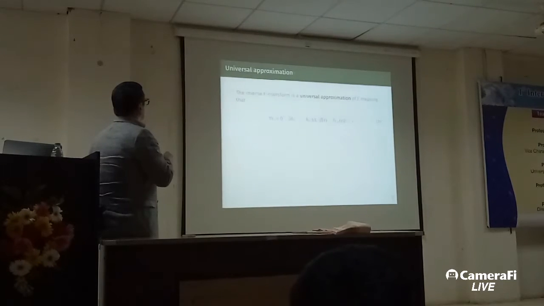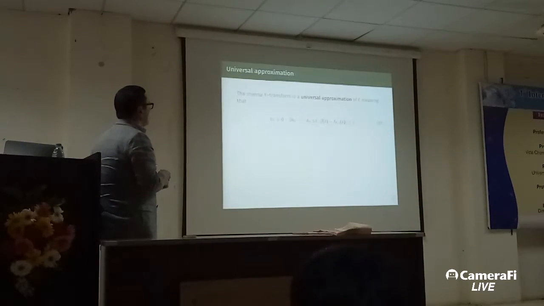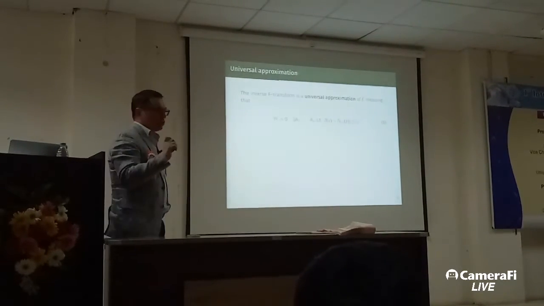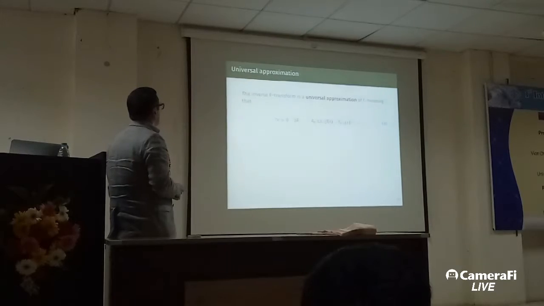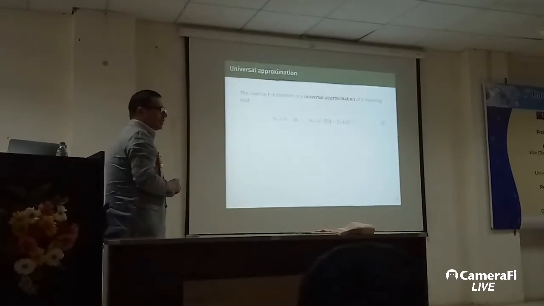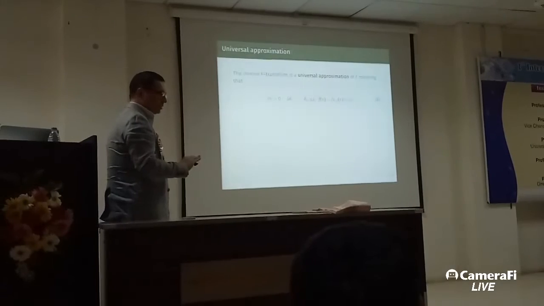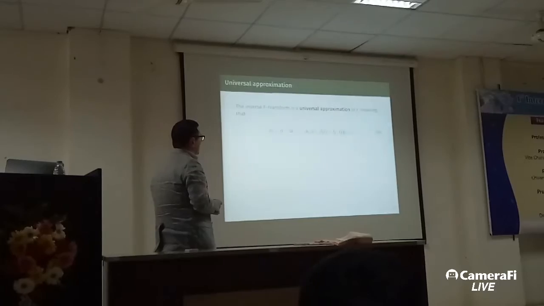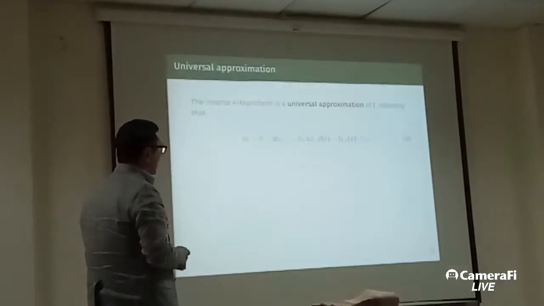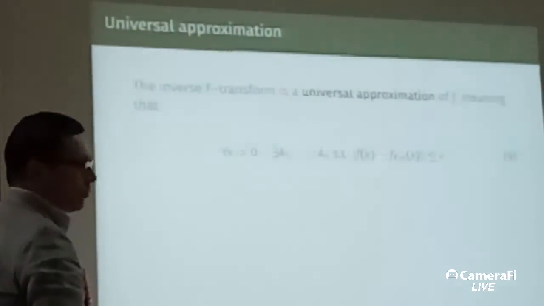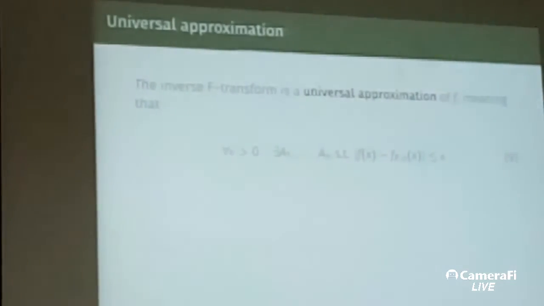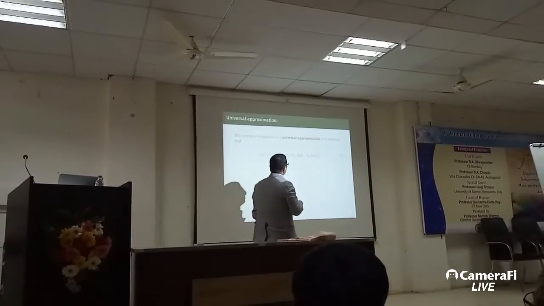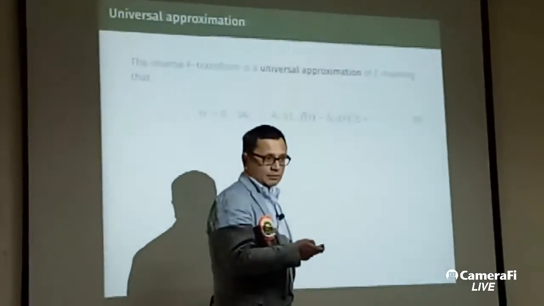Okay, let's move to the next property, universal approximation. Universal approximation is one of the key components of neural networks, because we say that for each given epsilon, as small as we want, there exists a model, in this case represented by a fuzzy partition A1, ..., AN, such that the error between the approximation and the original data can be smaller than epsilon.